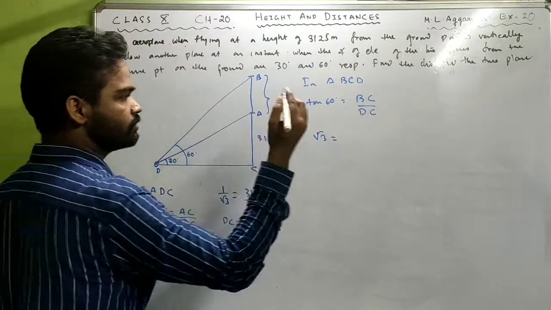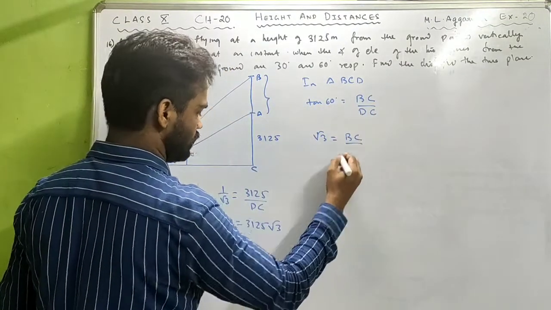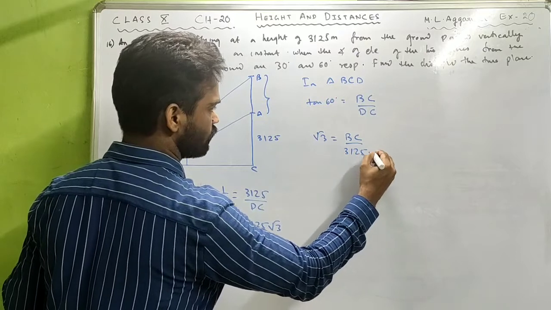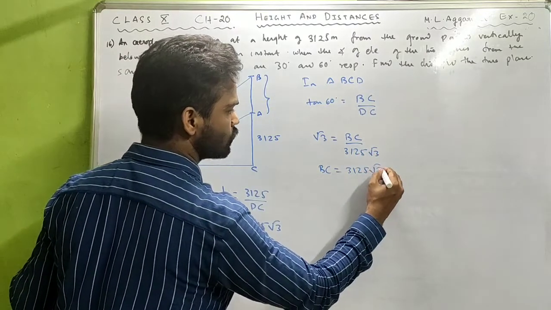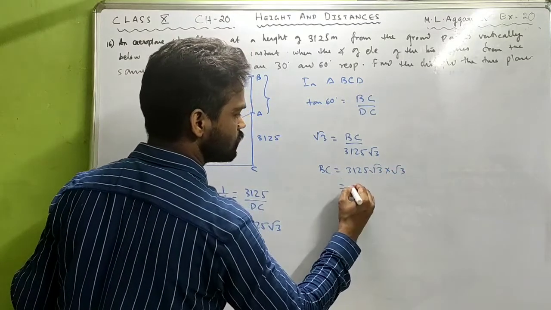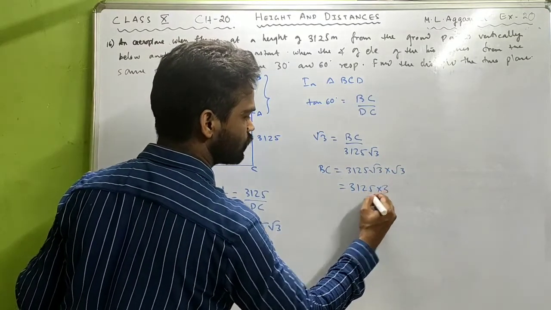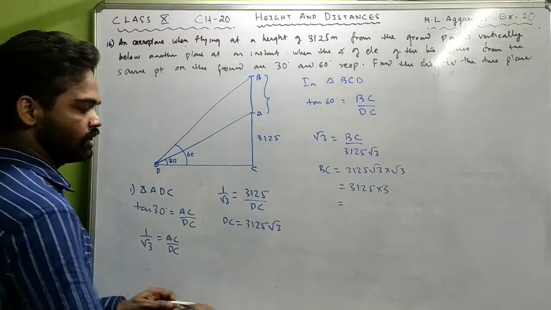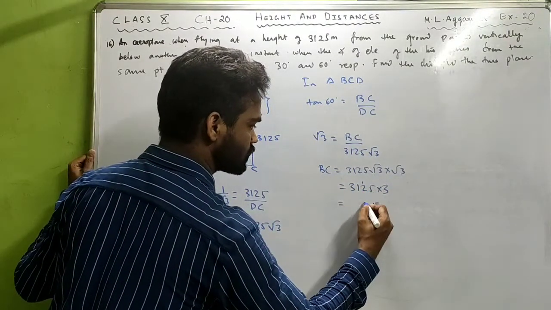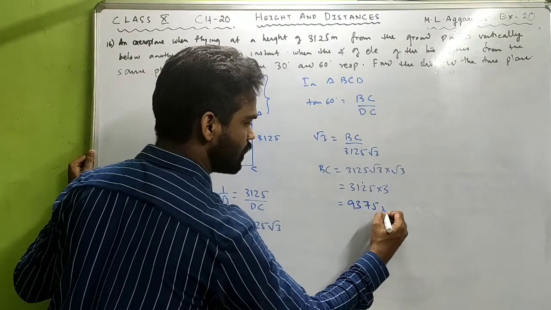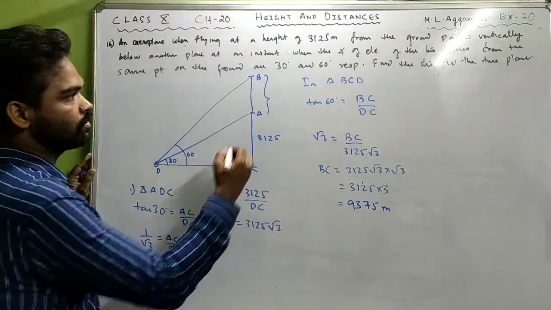BC, keep it as BC, and DC is 3125 root 3. So BC will be 3125 root 3 multiplied by root 3. So that's 3125 into 3. Am I clear or not? You just multiply. 3 5s are 15, 3 2s are 6, 7, 3 1s are 3. That's 9375.